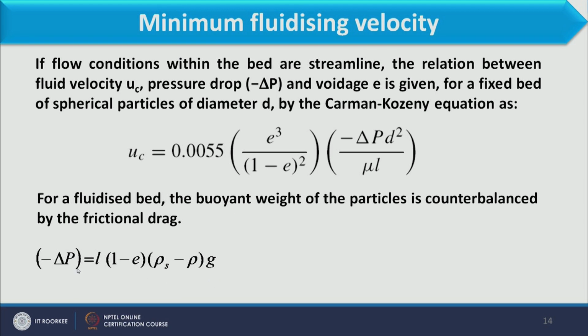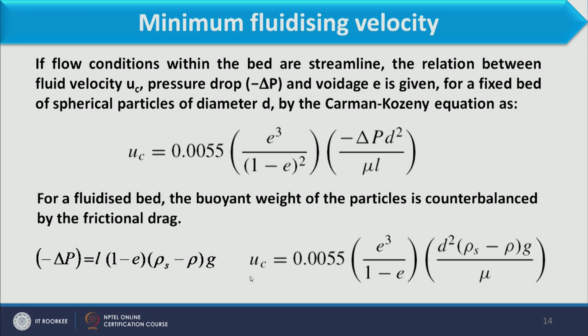When we put this pressure drop in, we get the velocity for the fluidized condition: UC equal to 0.0055 E cube (1 minus E) d square (rho S minus rho G) by mu.